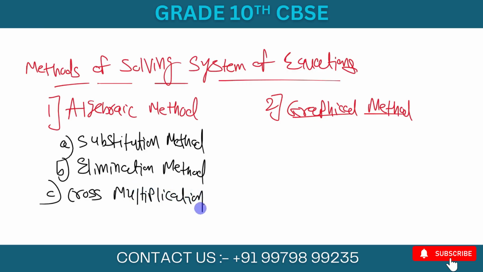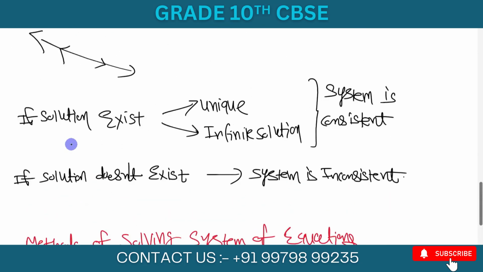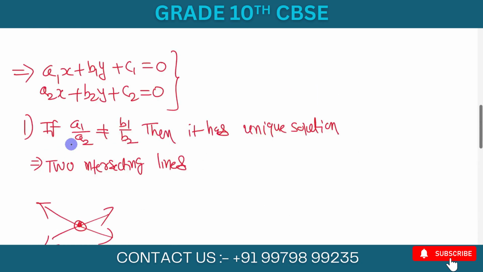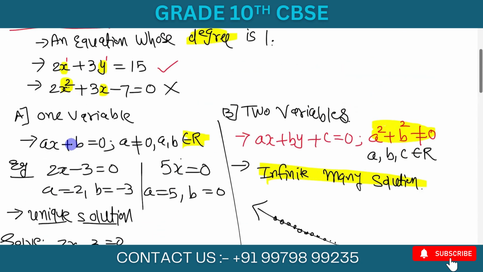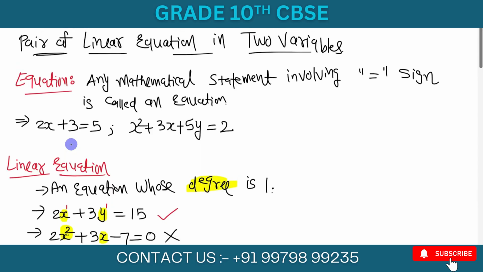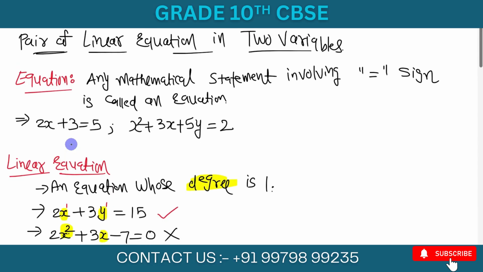And third is the cross multiplication method, which is also known as Cramer's rule, or Cramer's method. By the way, we have to study only these two, substitution method and elimination method. Overall, in the entire chapter, all these things we should know.